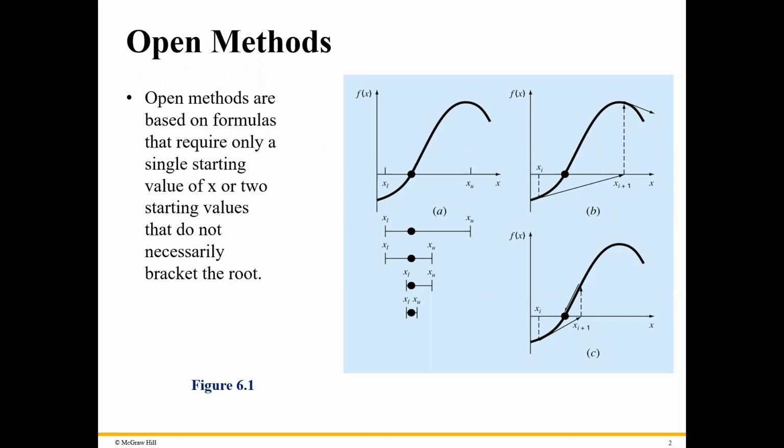Open methods are different from the bracketing methods because in the bracketing methods you are sure about a root between the two limits, upper and lower limits of the x values or the independent variables. Whereas the open methods are based on formulas that require only a single starting value of x or two starting values that do not necessarily bracket the root.